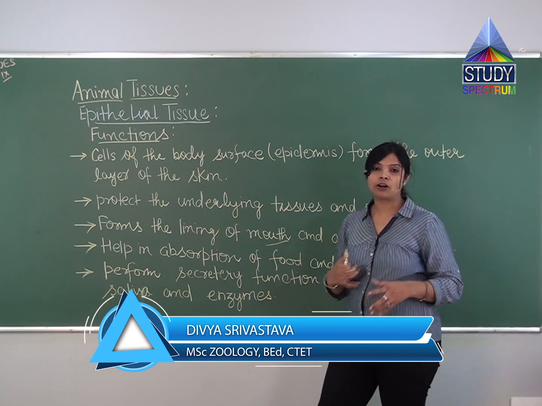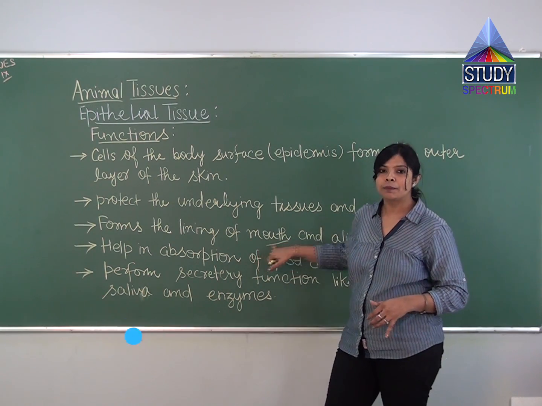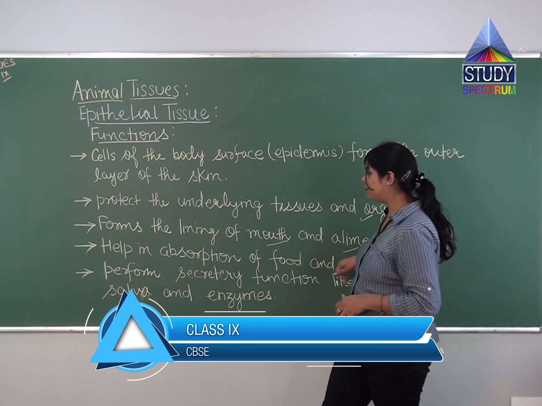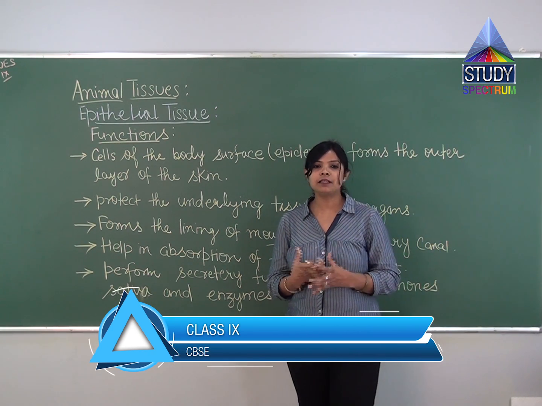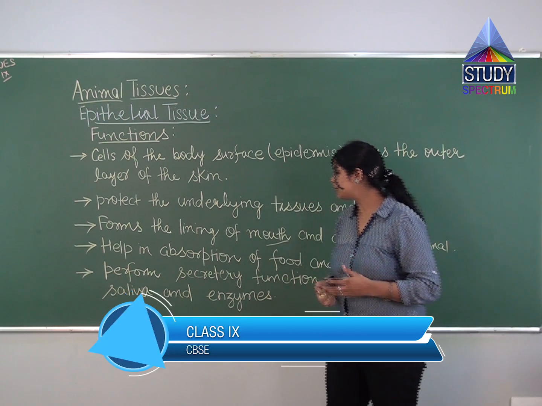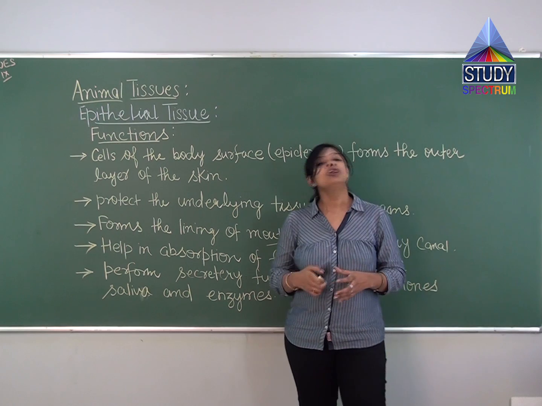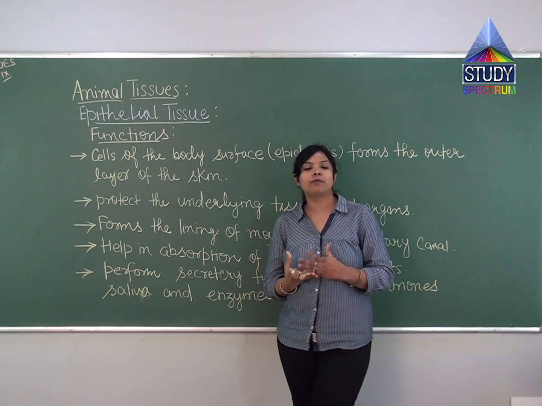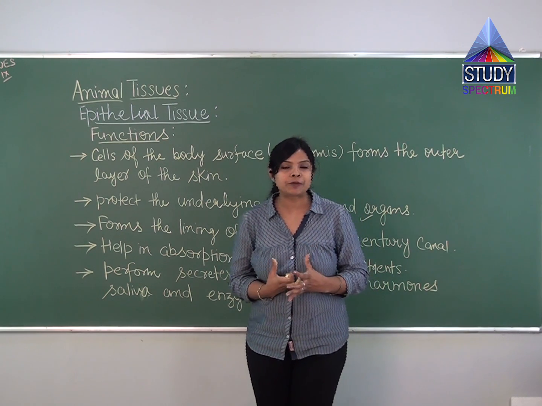So these tissues are also found lining the mouth, buccal cavity and alimentary canal. Other than this, they help in the absorption of food and nutrients. So one more important work of this tissue is absorption.